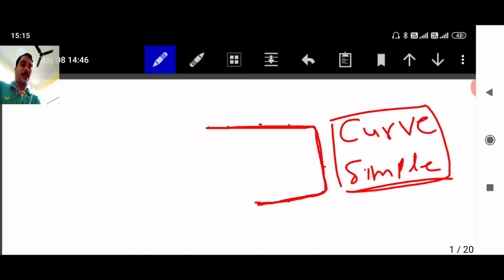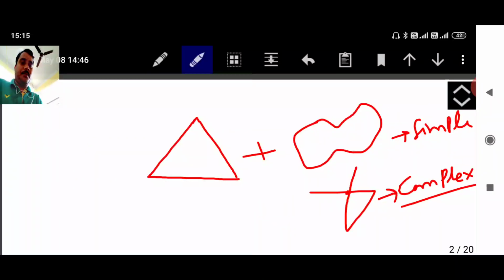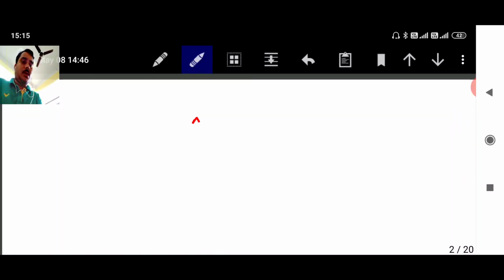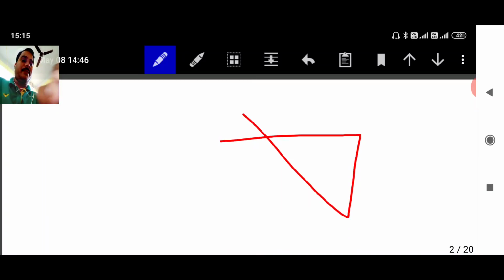Okay, if a curve crosses itself, like this type, then this is known as complex.